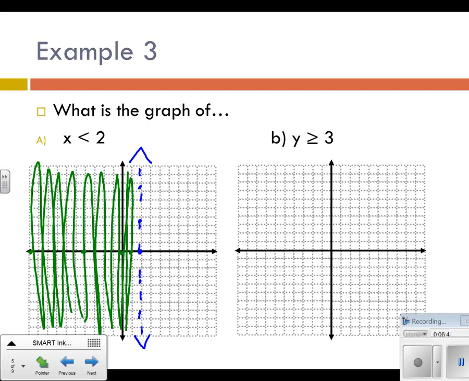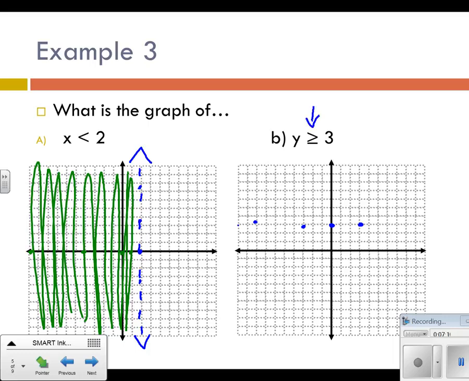Now for this other one, y is greater than or equal to 3, think back to when y is 3, and y is 3 here, and here, and here, and here. We know that it's a horizontal line at y is 3. Now it says y is greater than or equal to 3.